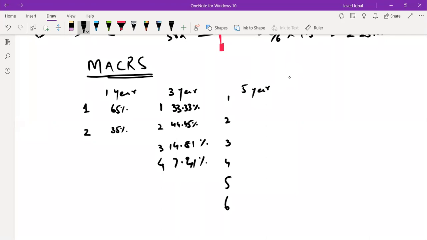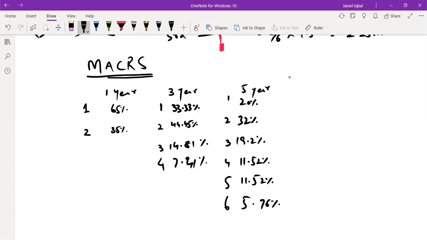For a 5-year class, we stated that the first would be 20%, then 32%, and then 19.2%. We had 11.52%, 11.52%. The last year we'll be having 5.76%. So we have these tables given, so we will be using these numbers.